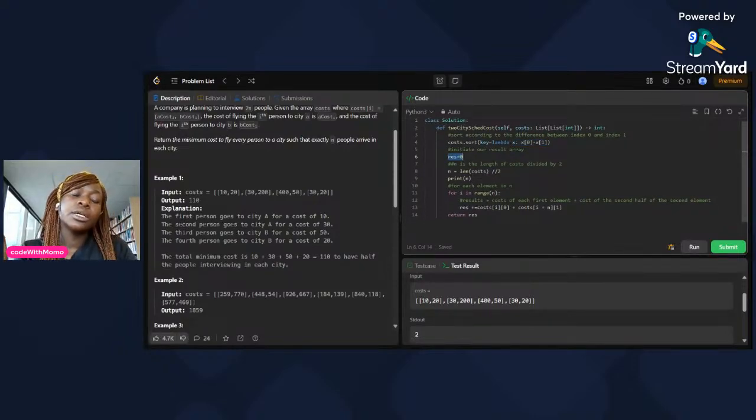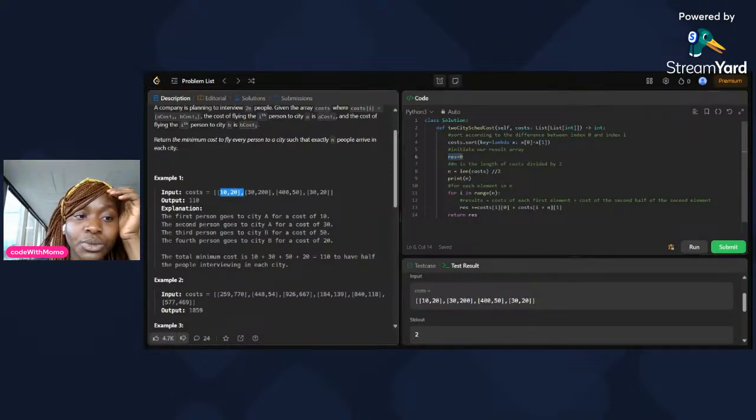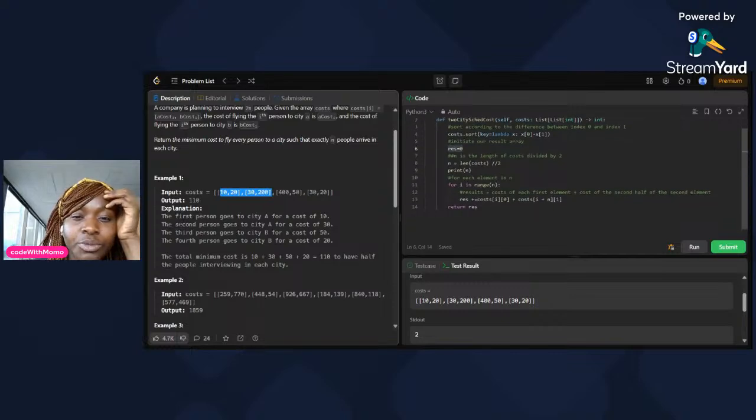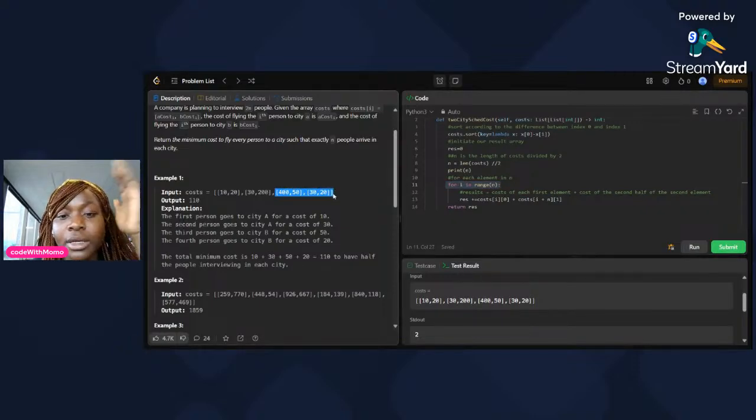My result is going to be the minimum cost that it will take for exactly n people to arrive in each city. What I did here is I divided the length of the cost array into two, so I can get this first half, and I'm looping through each one, and I'm using it for the second half too because it will be the same length.